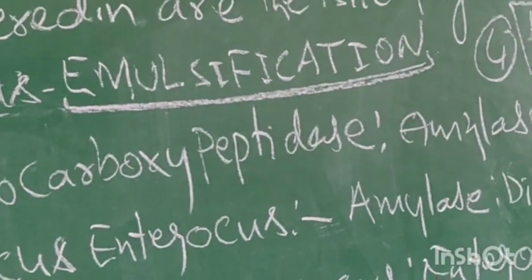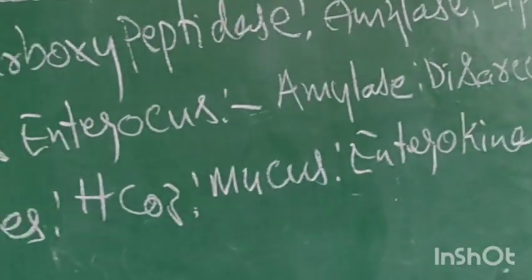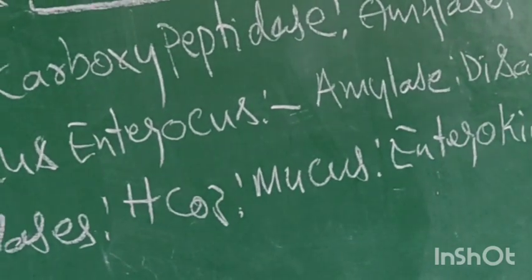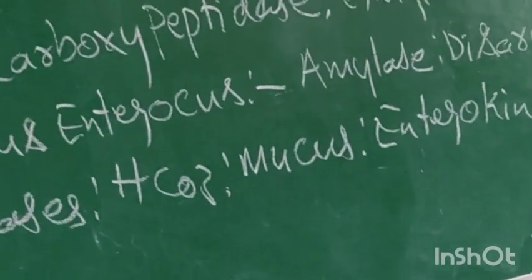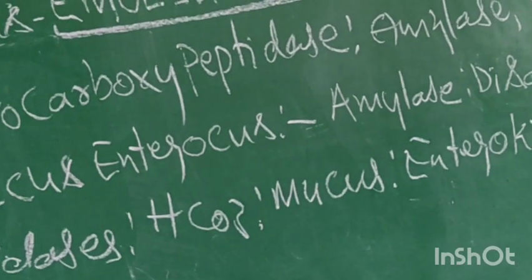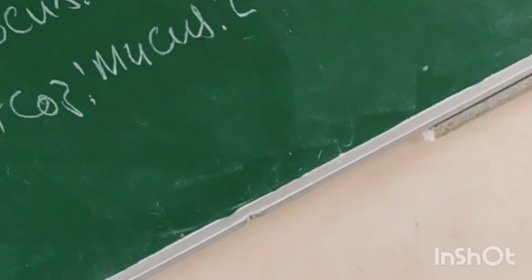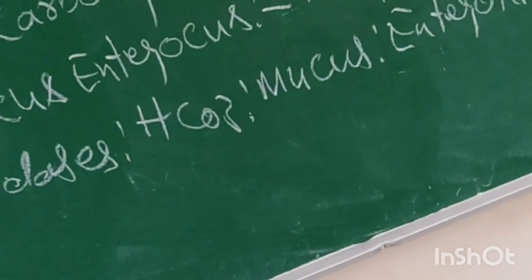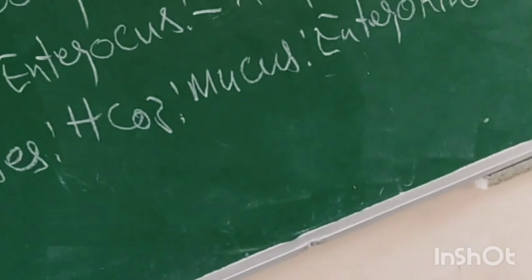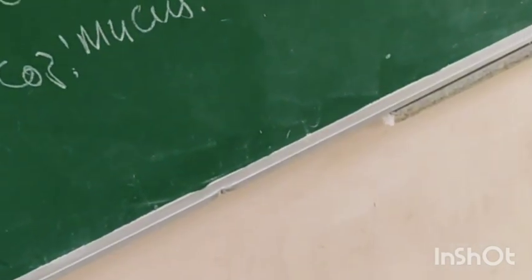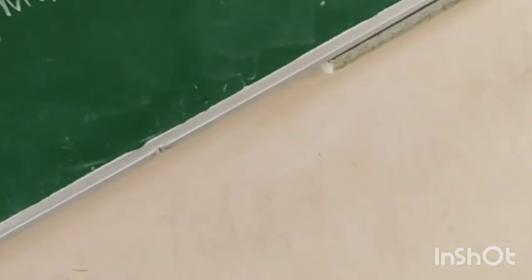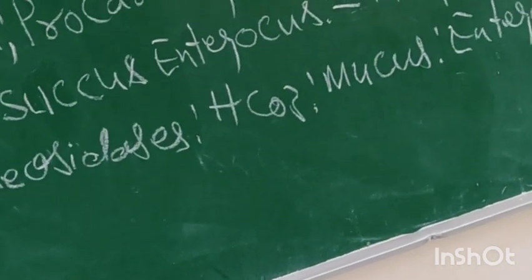Without these enzymes, you can never understand how digestion occurs. I already explained and taught all these glands, but once again, remember all these digestive glands, their digestive juices and enzymes which help in digestion. Without enzymes, there is no digestion.